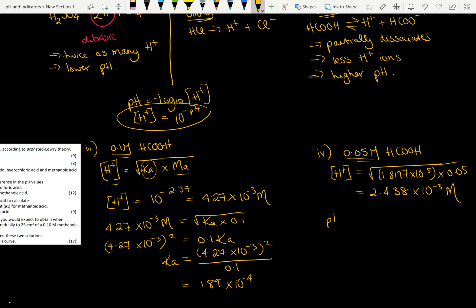Now to calculate the pH, we've got minus log to the base 10 of the hydrogen ion concentration, which when I plug in that answer, 2.438 by 10 to the minus 3, gives me an answer of 2.61 for the pH.